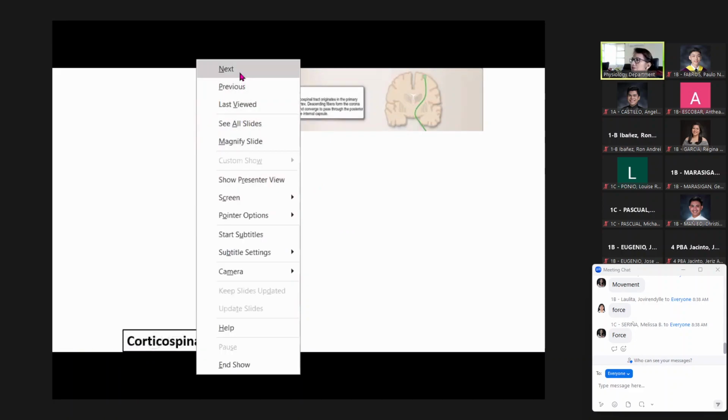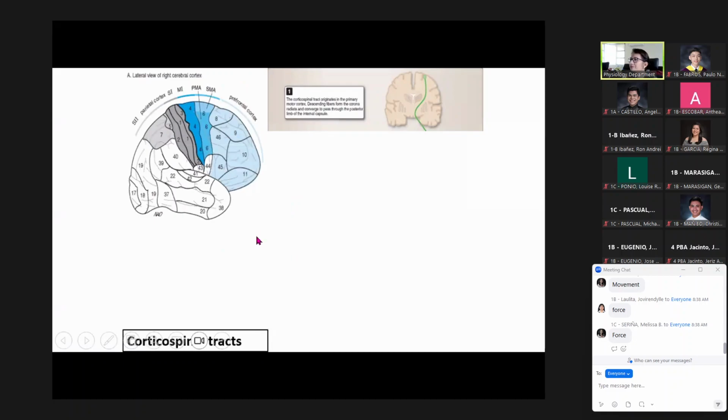So your corticospinal tract comes from different sources. One third of this will come from this M1. Again, I told you to identify this diagram in your asynchronous.